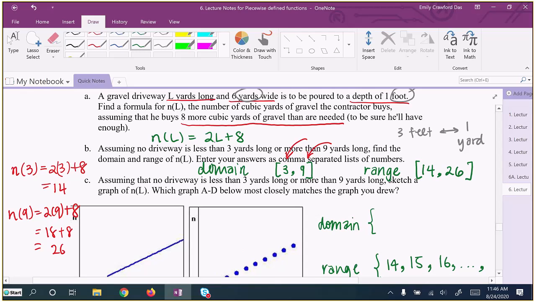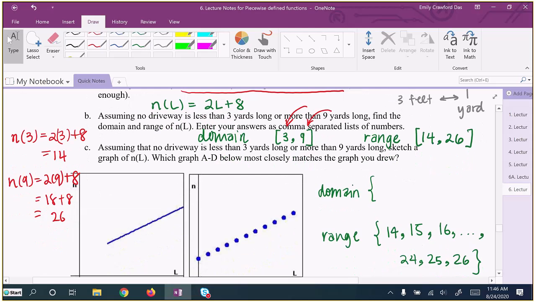So because L is multiplied by 2, for every 1/2 that I put in for L, 1/2 of a yard that I put in, then I go up by 1 in the range. So this should be 3, 3.5, 4, 4.5, up to, well, I need to stop at 9, so say 8, 8.5, and 9.